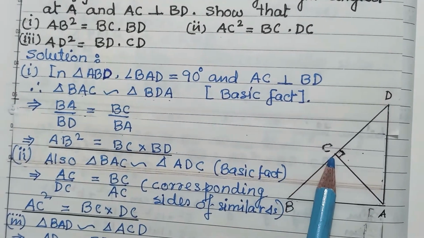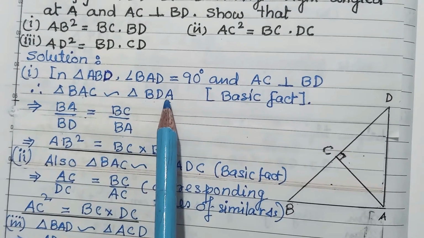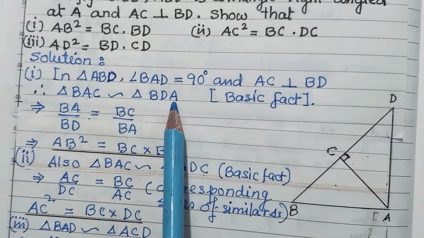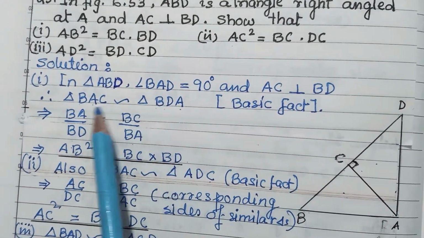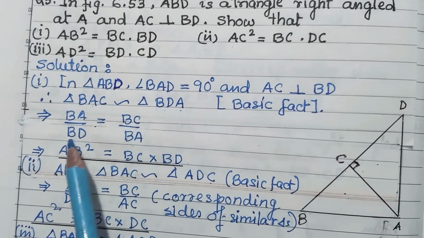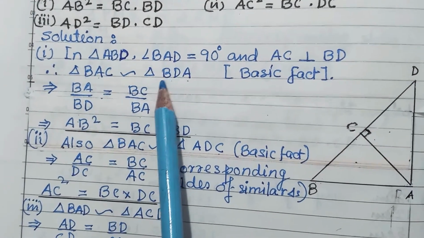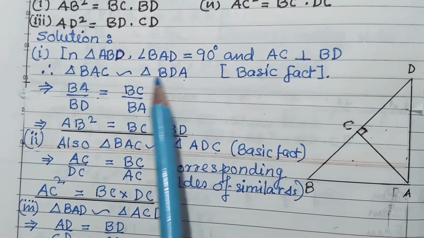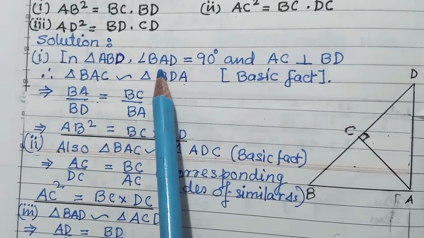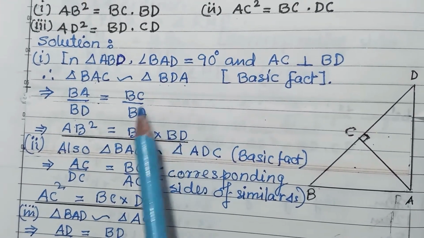C is the right angle that I have taken last, and here A is the right angle, so I have to take it last. In this way we have to choose the alphabetical order. Now AB upon BD is equal to BC upon BA.